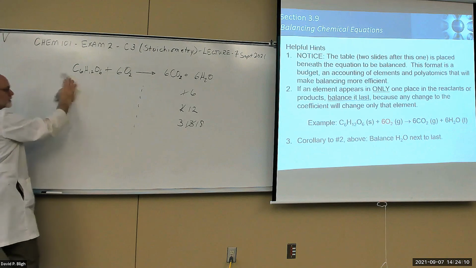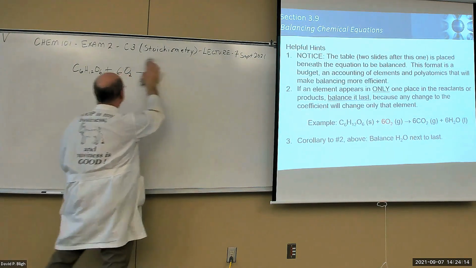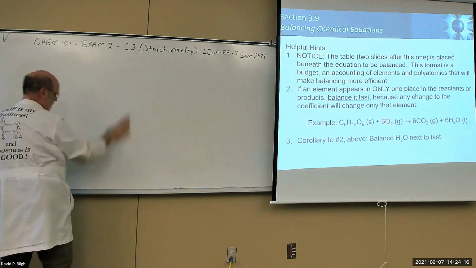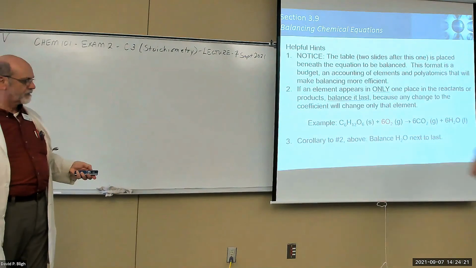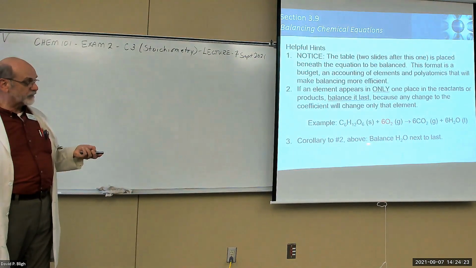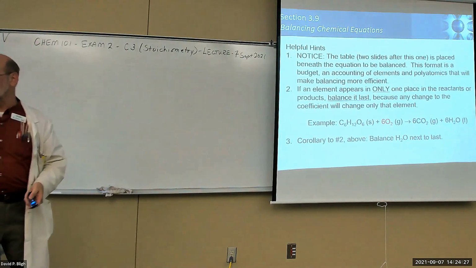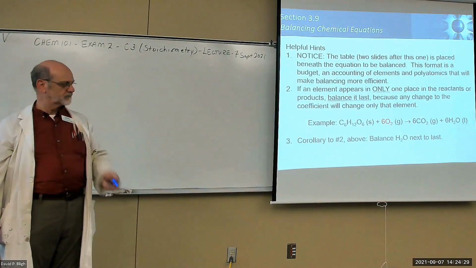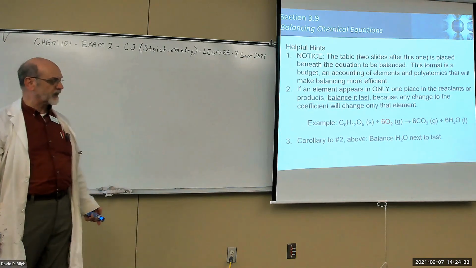There are a couple of tricks, actually helpful hints. It's also helpful sometimes, if you don't have any free elements, to try to hold water till last too. It doesn't always work that way, but you can think about it.